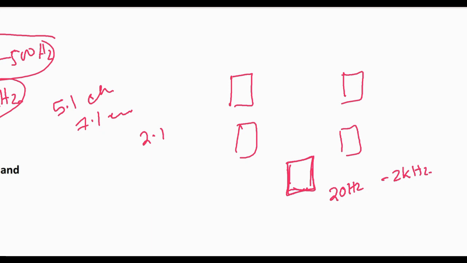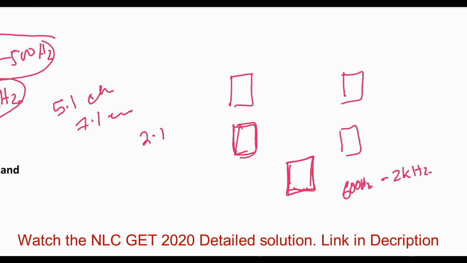For the low frequency this may not operate, so I am taking the lower frequency of the satellite speakers to be generally 600 hertz, and for higher hertz generally tweeters are used. I am writing it to be suppose 18 kilohertz. These are not actual values I am writing.